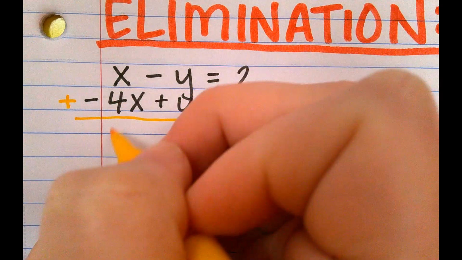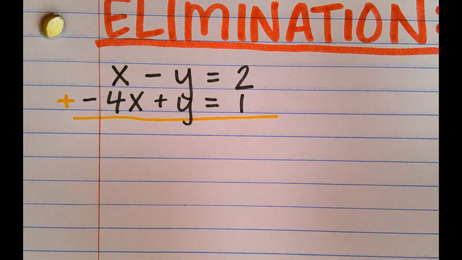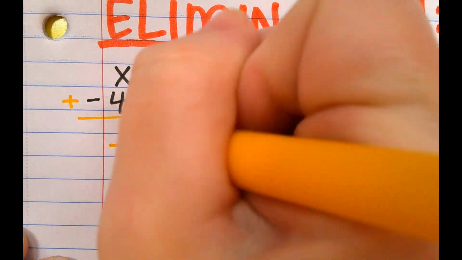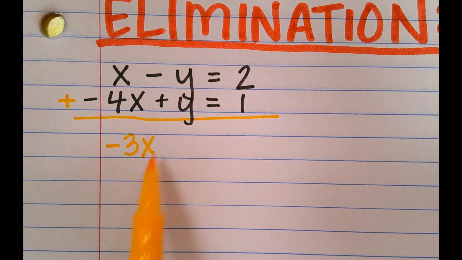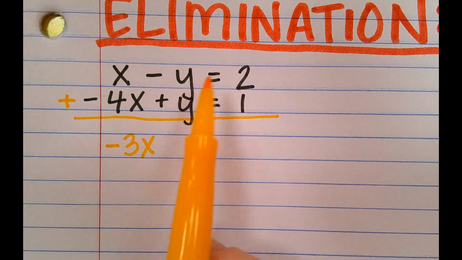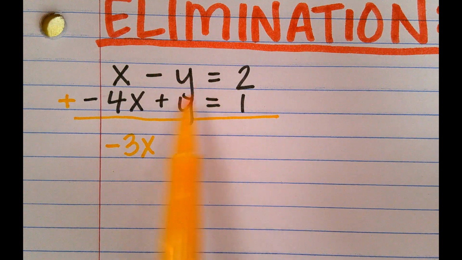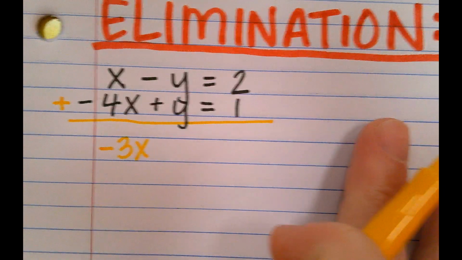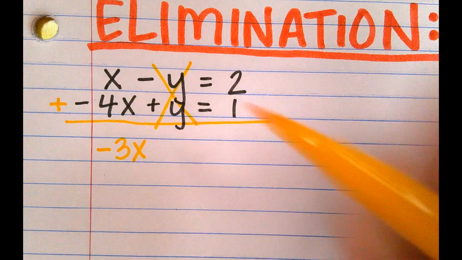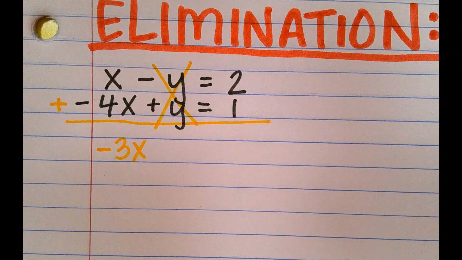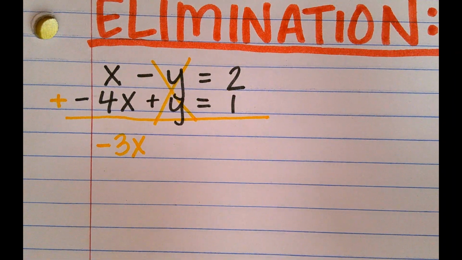Negative 3x. Good. So I'll bring that down. Negative 3x. Done with my x's. Now I'll move to my y's. Negative y plus y. 0. They cancel. This is where elimination happens. We are eliminating the y. It's done. We're done with the y.